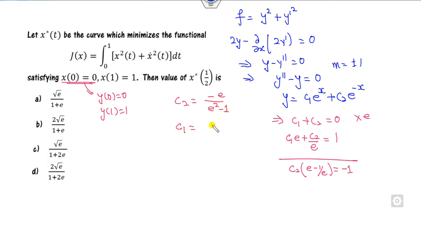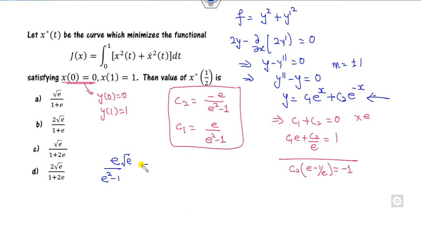So what is c1? e over e square minus 1. Now your target is to find the value of y of half. I can substitute here c1 e raised to power half plus c2 e raised to power minus half over this.